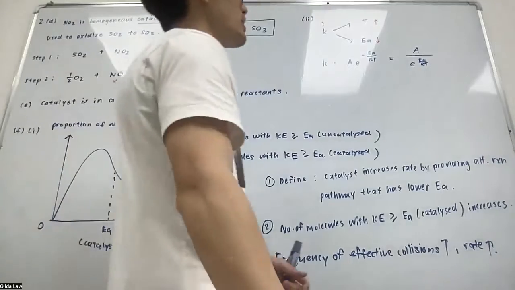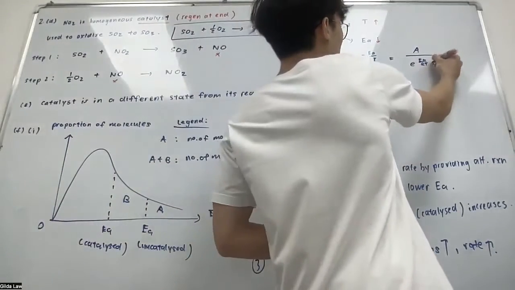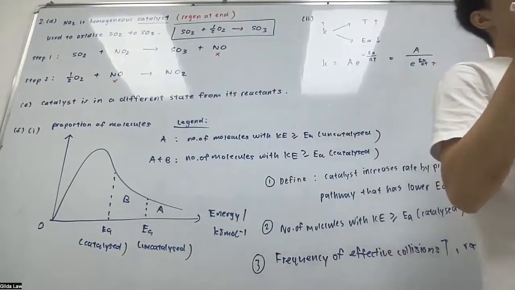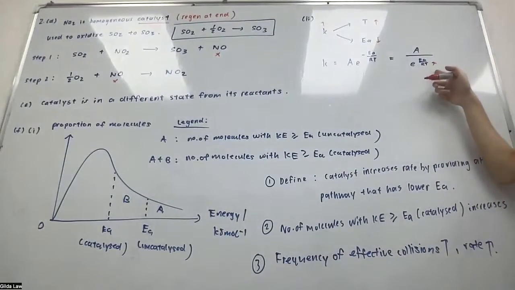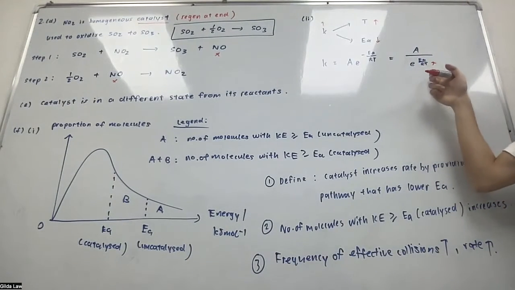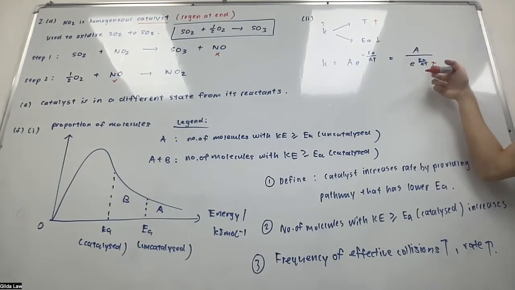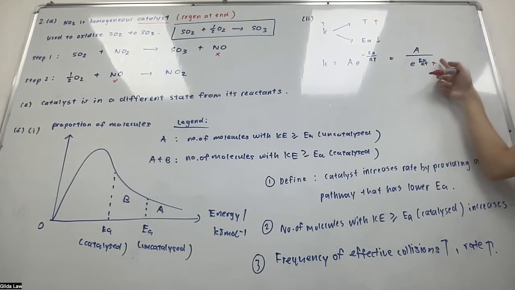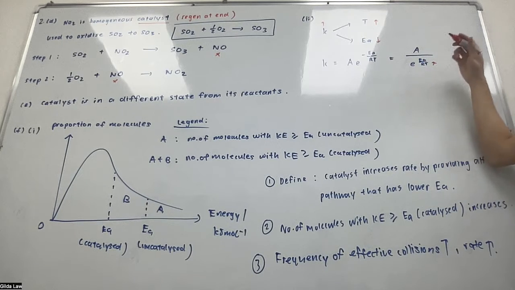So when you increase temperature, what happens to the value at the denominator? That's just math really. If your T increases, the fraction EA over RT becomes smaller.